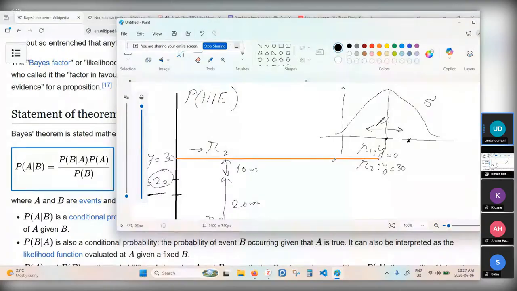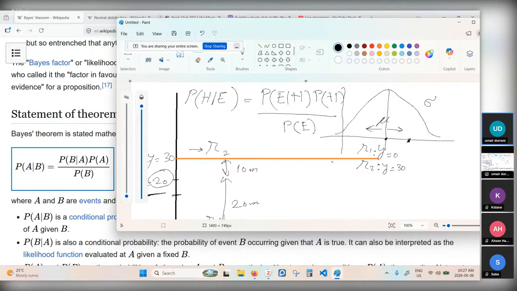So using this formula, we can say that the probability of the hypothesis given the evidence would be the probability of the evidence given the hypothesis, times the probability of the hypothesis, divided by the probability of the evidence.